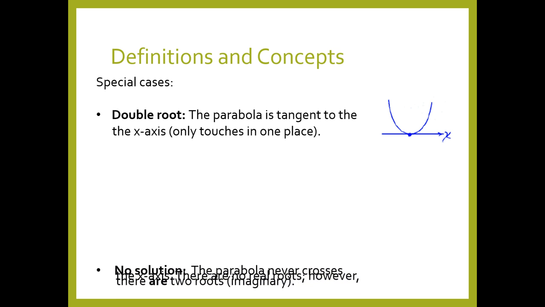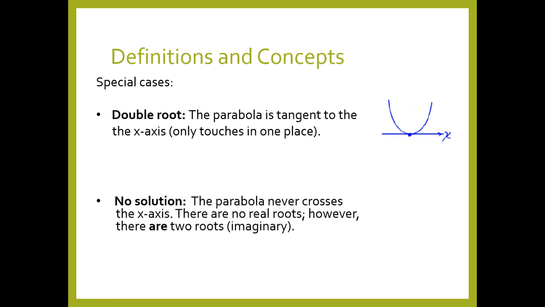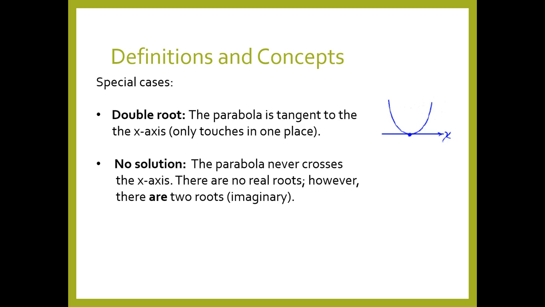Okay, there's no solution. This means that the parabola never crosses the x-axis. So this means there are no real roots. However, there really are two roots, but they're imaginary numbers and we haven't talked about those yet. But to see an example of what one would look like, it would look something like this.